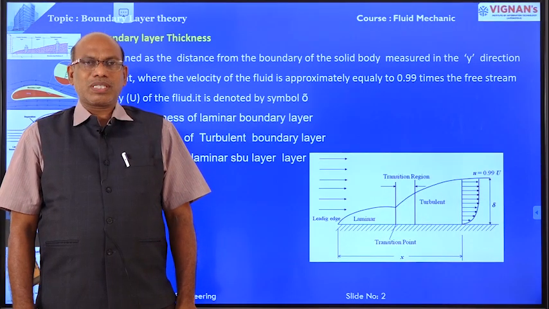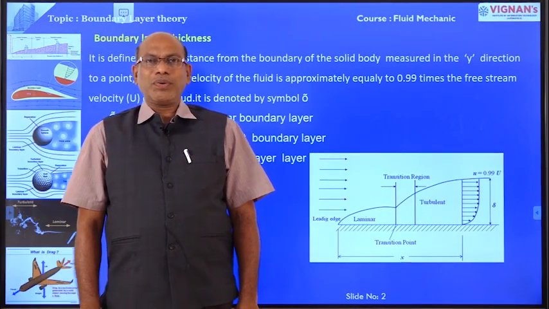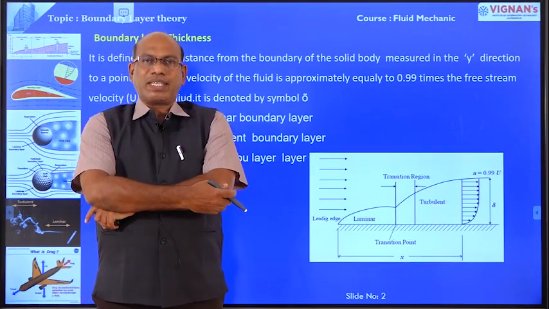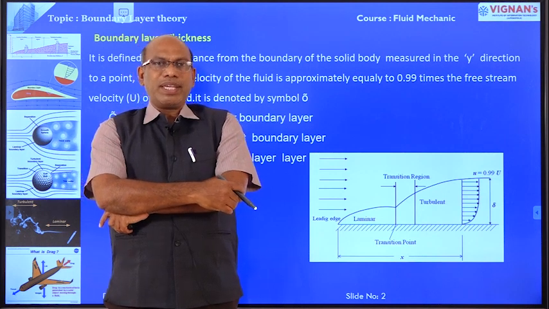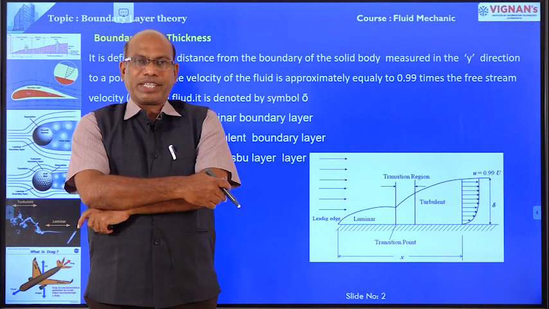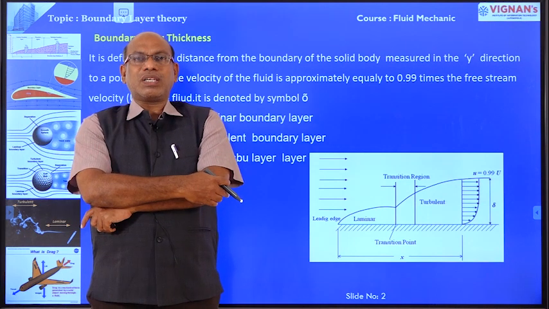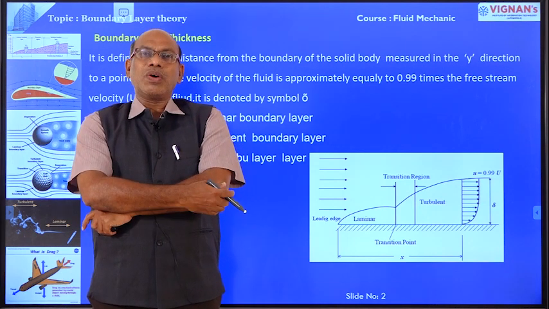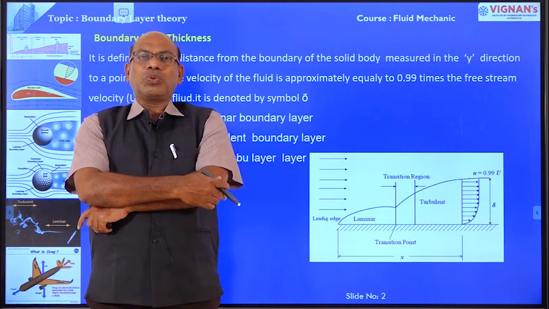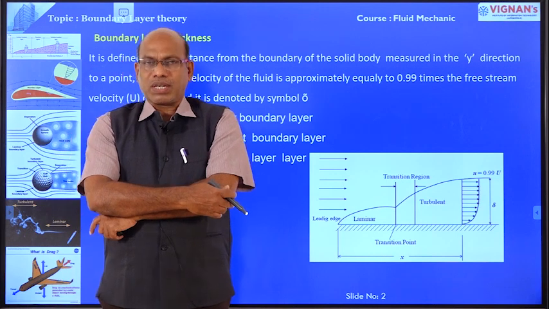Now we are going to discuss what is boundary layer thickness. Boundary layer thickness is defined as the distance from the boundary of the solid body, measured in the y direction, where the fluid velocity is equal to 0.99 times the free stream velocity.